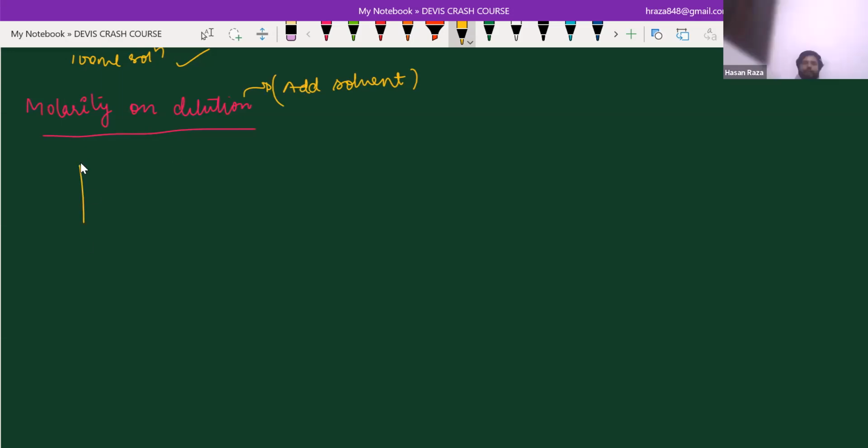So see, if you have a container, and the container has number of moles of solute N, molarity M1 and volume V1. Now what you are going to do is dilute it, that means you are going to add water or any solvent to dilute it.